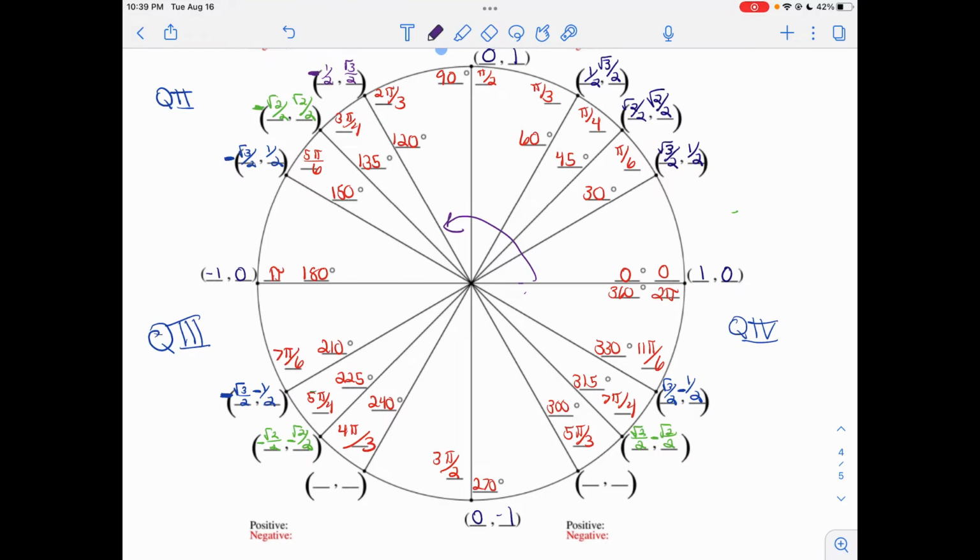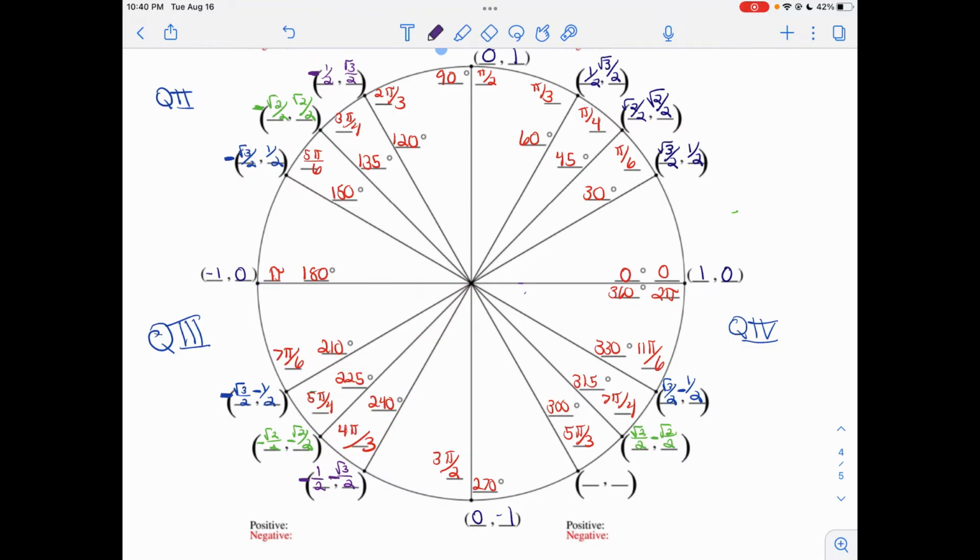So now I need to find an angle in quadrant 3 that has a reference angle of 60 degrees. And so in quadrant 3, to have that reference angle of 60 degrees, you would have to be the measure of angle 240 degrees. And so that has the same ordered pair as 60 degrees, which is 1/2, square root of 3 over 2. But we're in quadrant 3, my x and my y are negative.